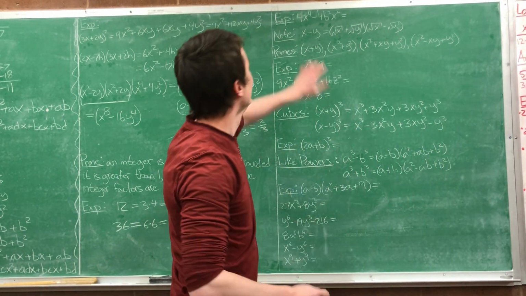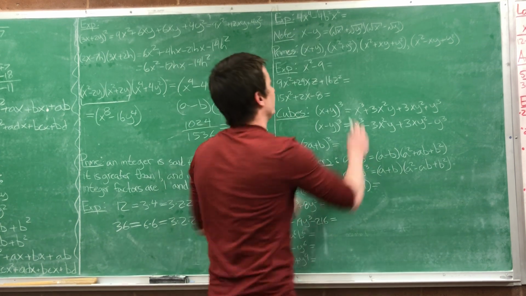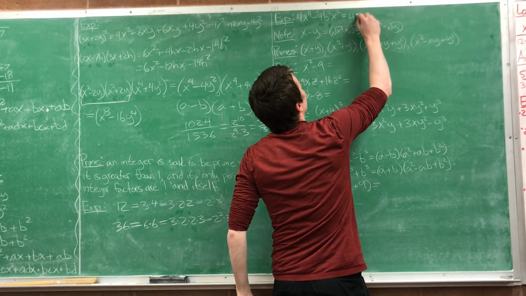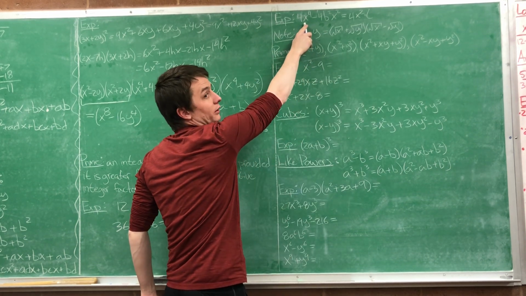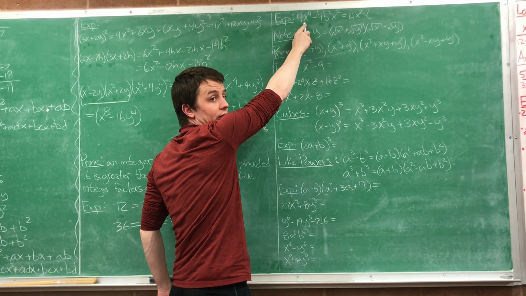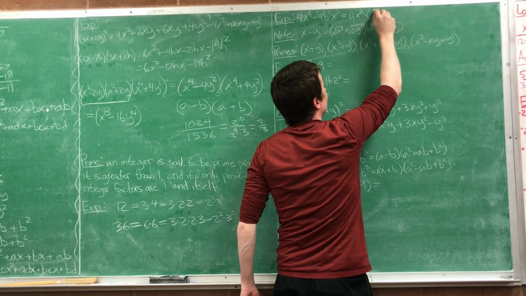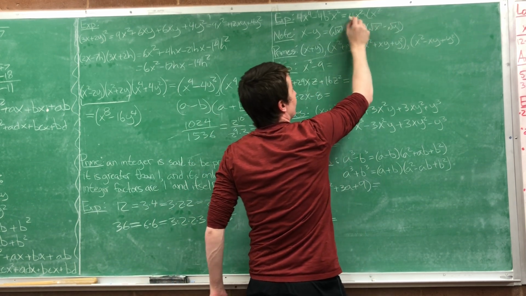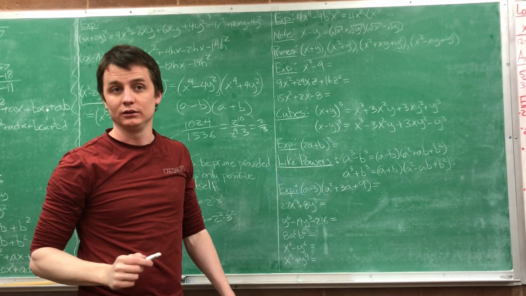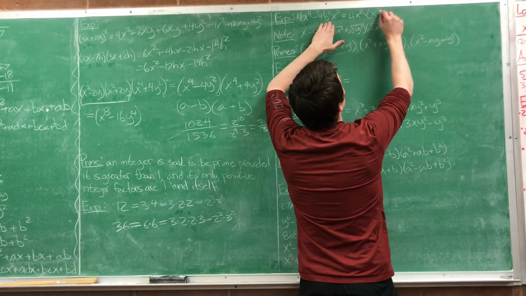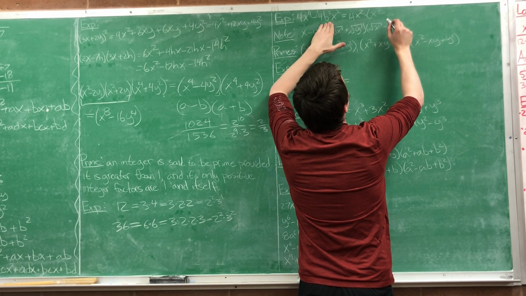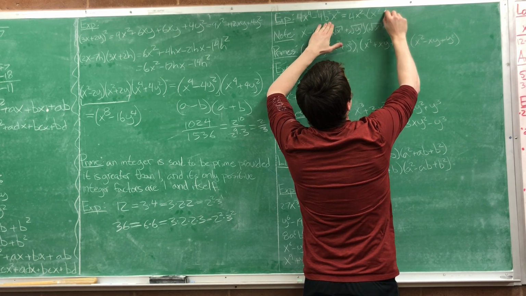So when I take 4x squared out of this term, I can write it as 4x squared times, if I take 4x squared out of this, what am I left with? X squared, right? Because x squared times 4x squared gives me 4x to the 4. And if I take 4x squared out of this, what am I left with? B squared, right?